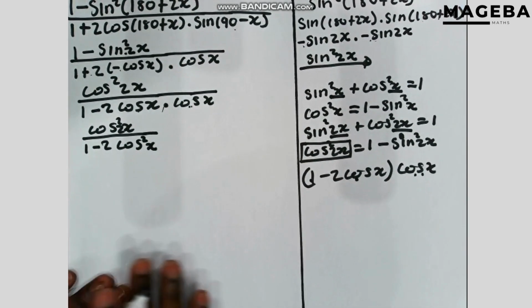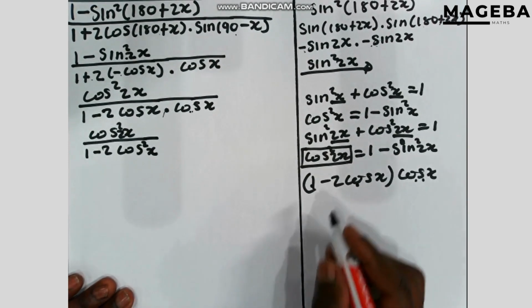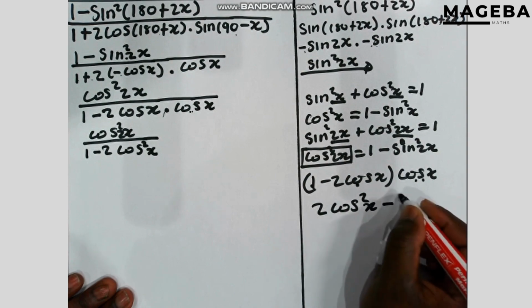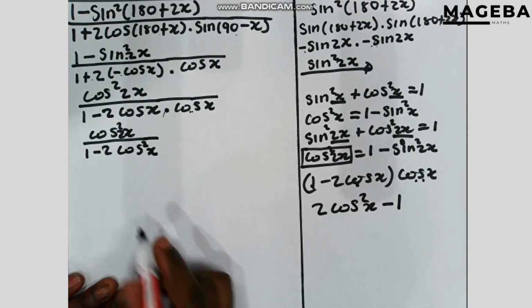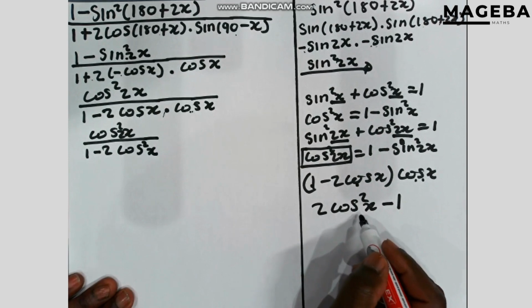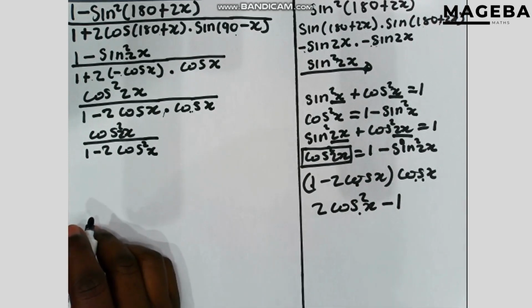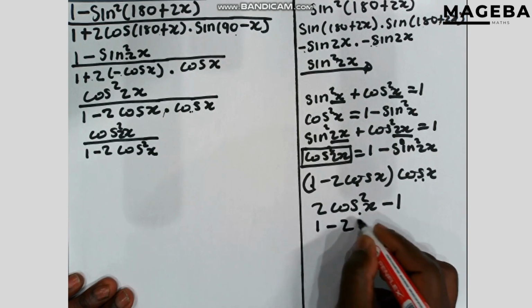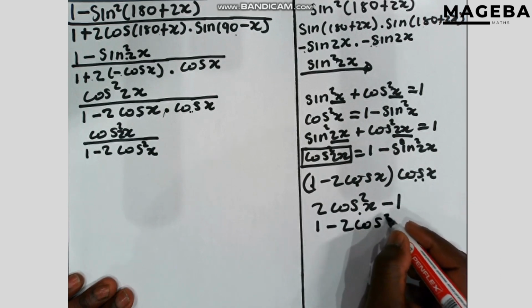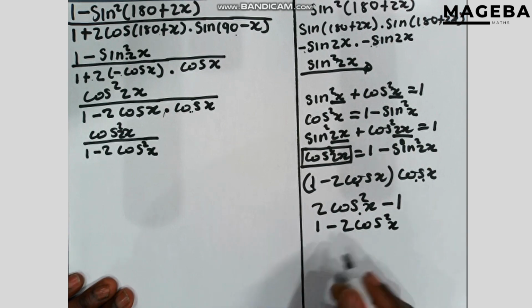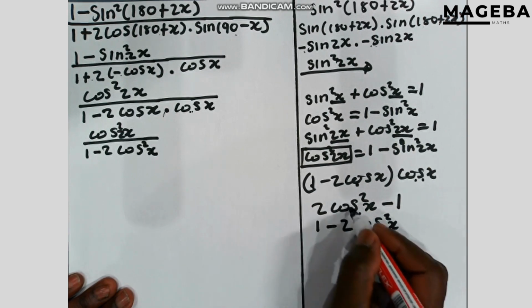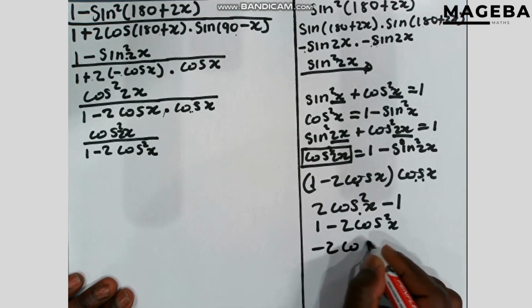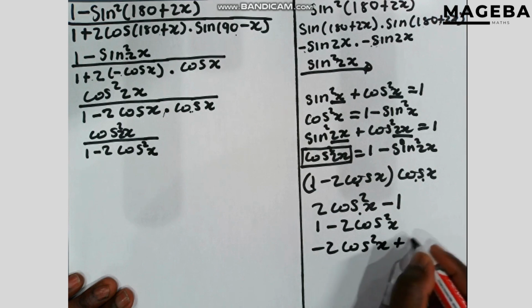Now there is a double angle that we know, which says 2 cos squared x minus 1. So we can make this the same as this, but there's something we need to do first. What we have here is 1 minus 2 cos squared x. Let's make this start with cos and end with 1. It's just going to be negative 2 cos squared x plus 1.